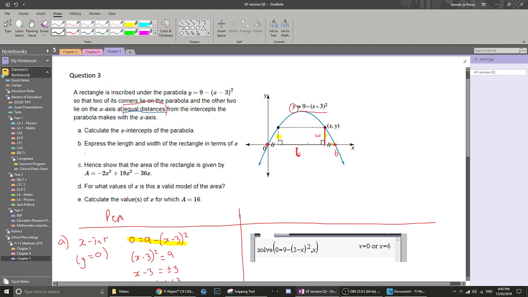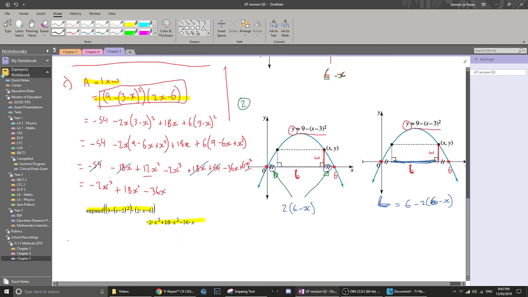If I chose an x of 3, that means I have one line here, and then this side is also there. They're straight on top of each other. That means it's not possible. So for what values of x is this a valid model of the area? We would say part D, x is greater than 0 or less than 6.